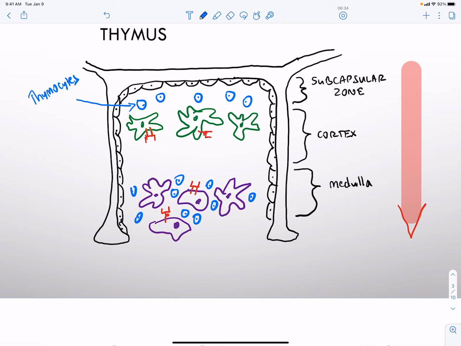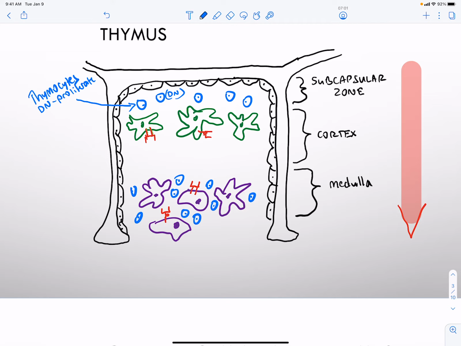So what you can think about in this respect is over here we have our double negative thymocytes, and they're going to proliferate. And your body does this because it wants to make a lot of different clones of T cells, because the number of T cells that actually leave the thymus is very low because they have to get through a selection process.